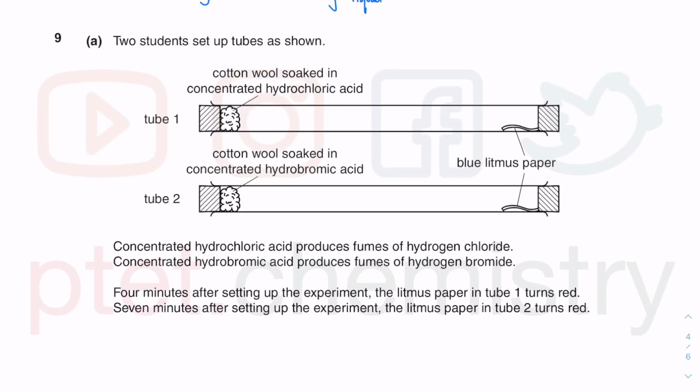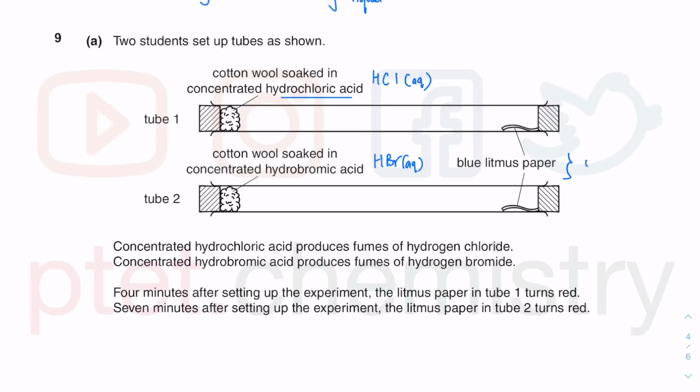Question 9 is a classic diffusion kind of question, where you have cotton wool soaked with hydrochloric acid. Hydrochloric acid is HCl gas dissolved in water, so it is now a mixture. You get hydrobromic acid, which is HBr aqueous. And you get a blue litmus paper.